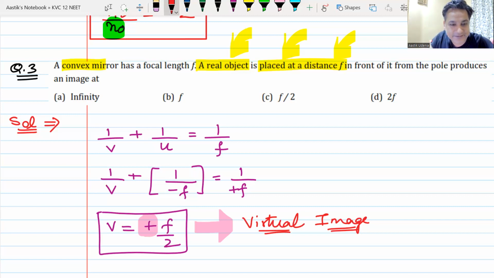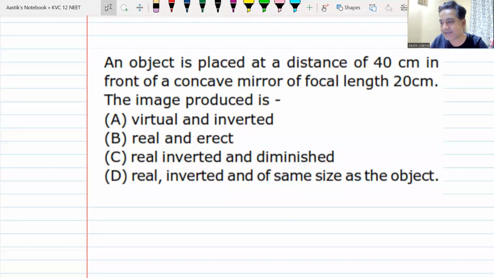And I love this. Okay, now here comes a question from your NEET exam. You will be surprised to see the sort of question that you are going to face in the NEET exam. This is a NEET previous year question, I think from 2015 or 16.